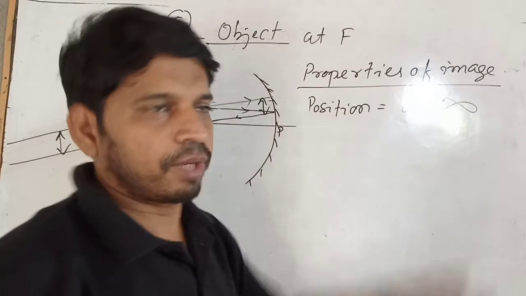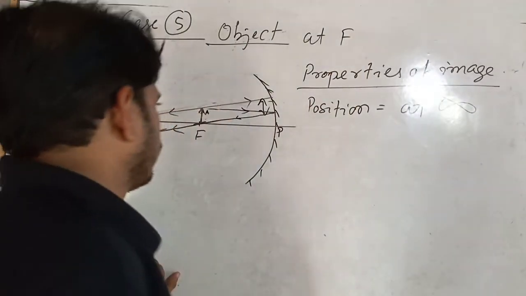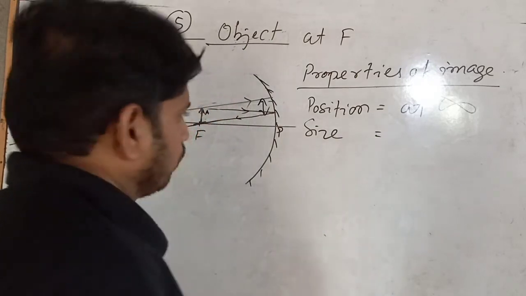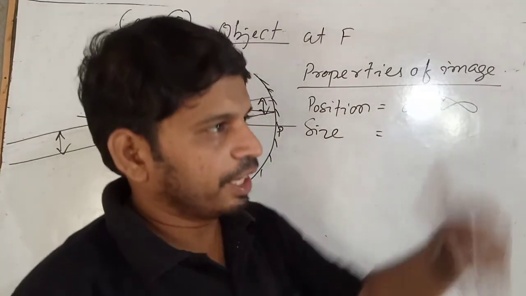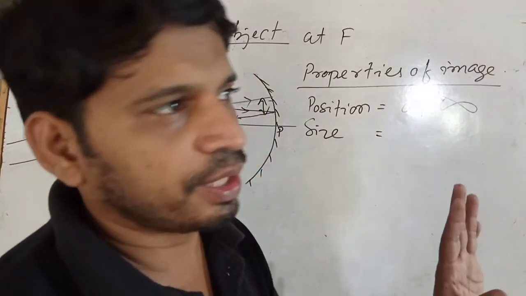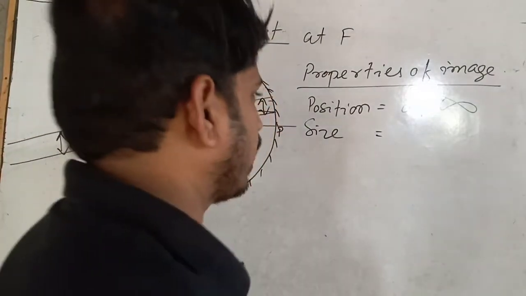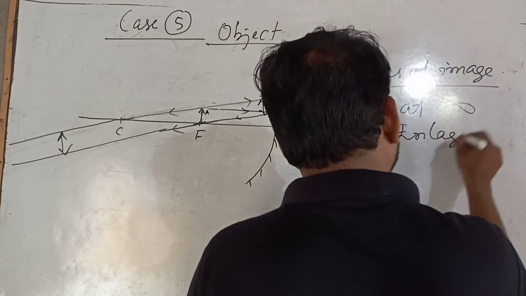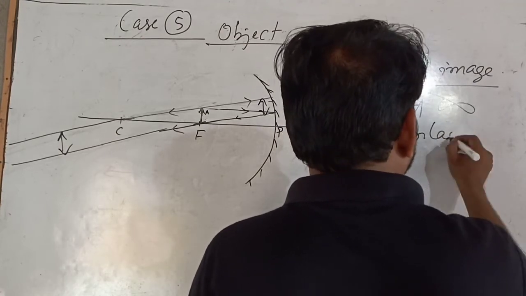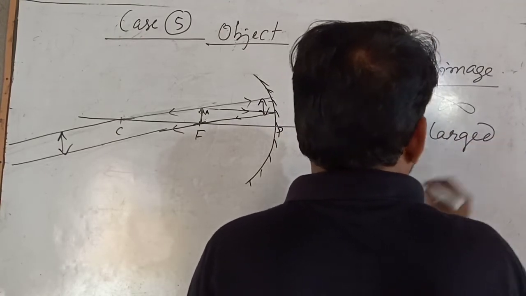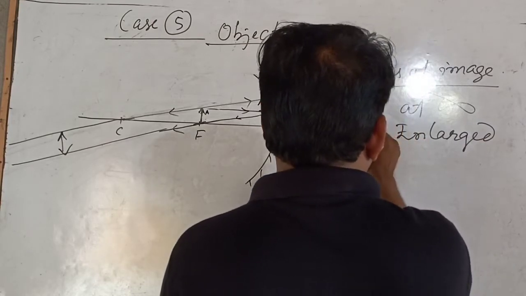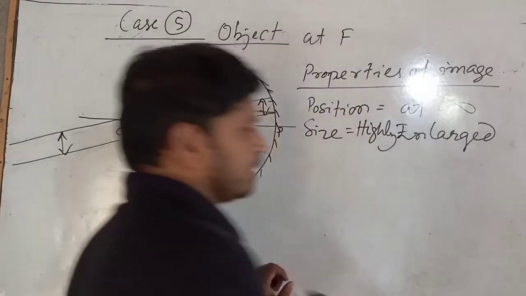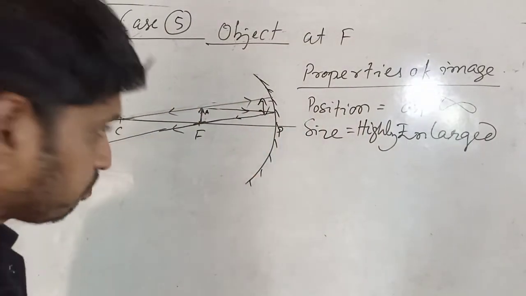The image will be formed at infinity. And size: remember that when light is meeting at infinity, it is much beyond C. Much beyond C means the size is enlarged, highly enlarged. Not only enlarged, it is very highly enlarged.